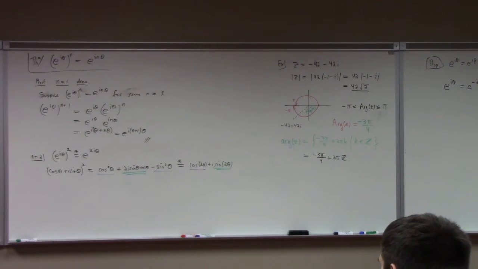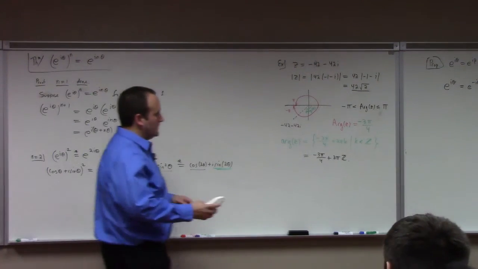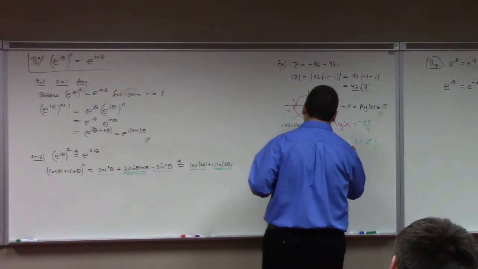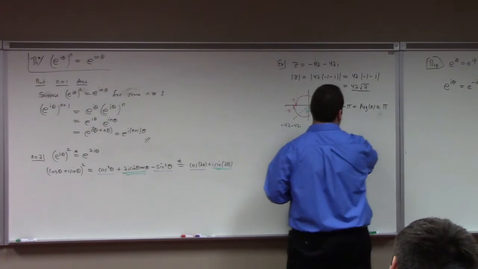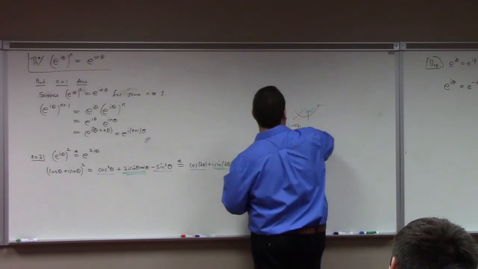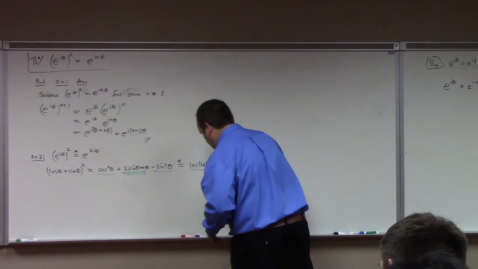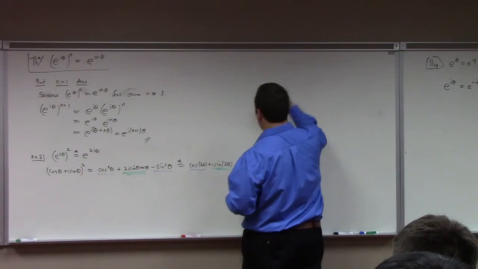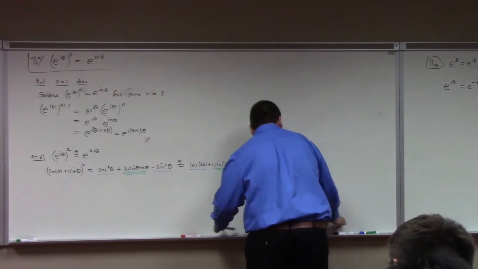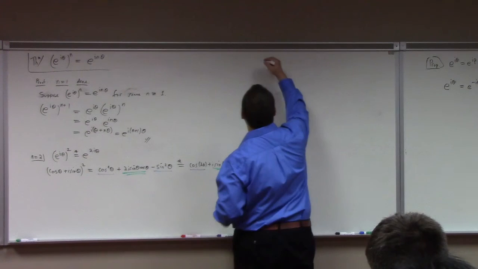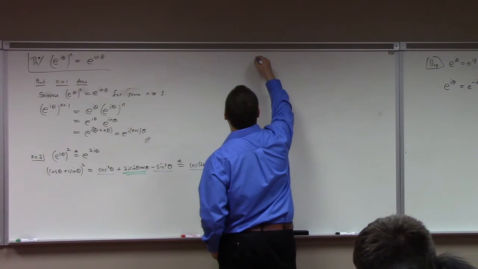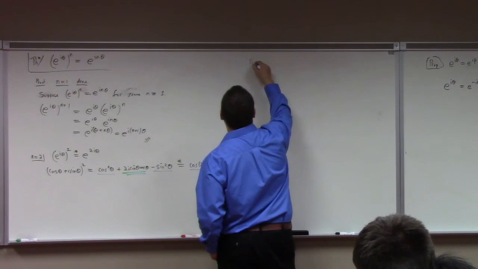So I think at this point, I should mention, what are the properties of little arg? What are the properties of the argument? If I had two complex numbers, and essentially this is more or less built off the discussion we had at the start of class, right? We're just really adding notation to understand what we did there.